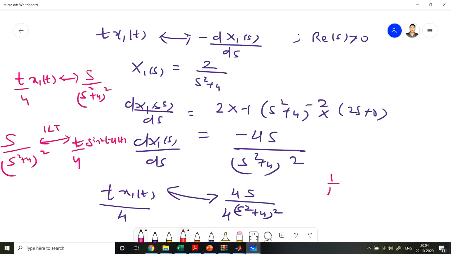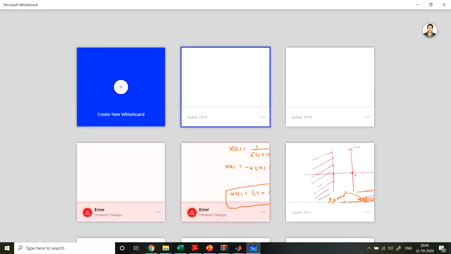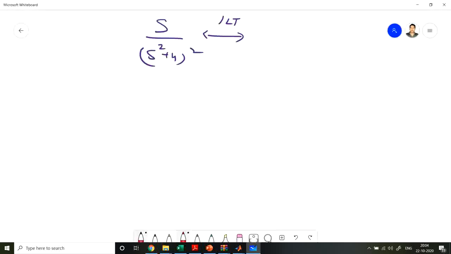So t divided by 4 sine 2t into ut, the Laplace transform is s divided by s square plus 4 whole square. Let me just revise this problem. So the inverse Laplace transform of this is t sine 2t into ut.